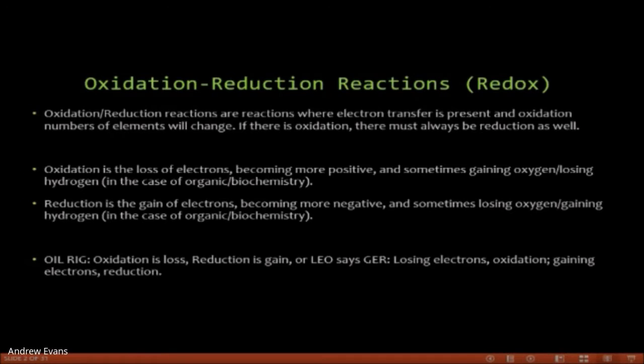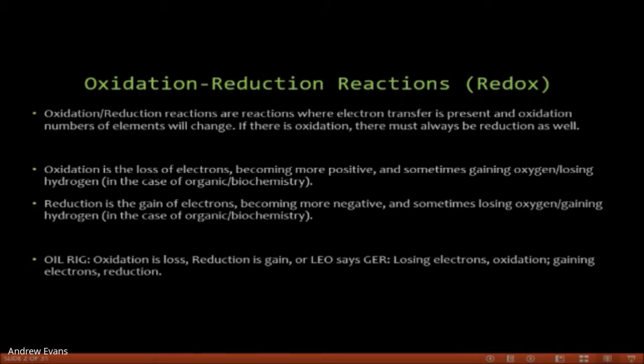The same way in Gibbs free energy, we talked about the first law of thermodynamics. If heat is produced, it had to go somewhere. Or if electrons are released, they have to go somewhere. So we're always going to have a pair. Someone's going to lose electrons, someone's going to gain electrons. One element is going to go up in charge, one element is going to go down in charge because the electrons are conserved.